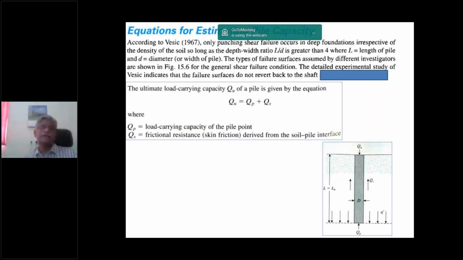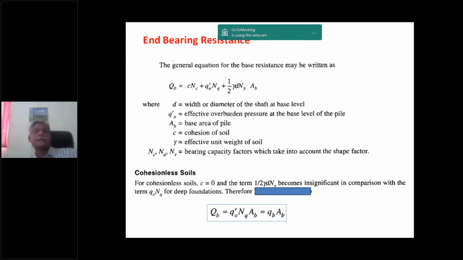Finally, the formula for ultimate capacity or end bearing resistance can be calculated from the shallow foundation bearing capacity formula: c Nc plus gamma D Nq plus 0.5 gamma B N gamma. Here, D is the width or diameter of the shaft.